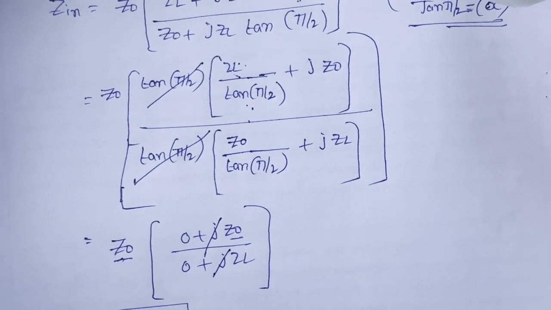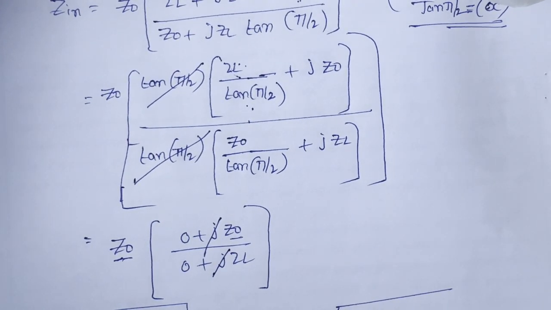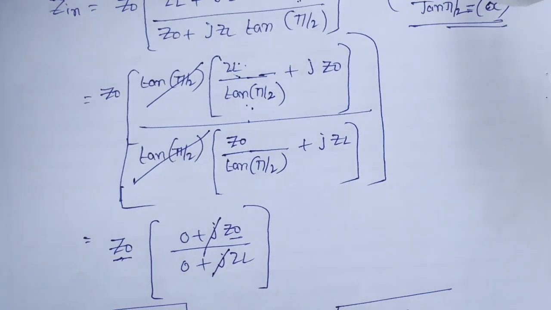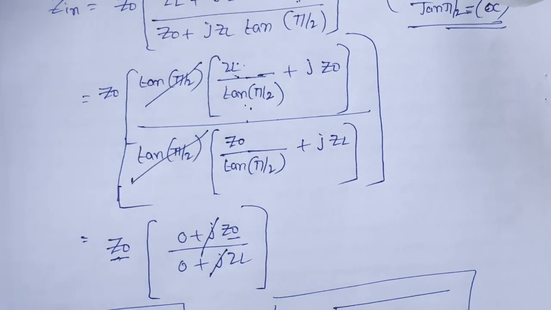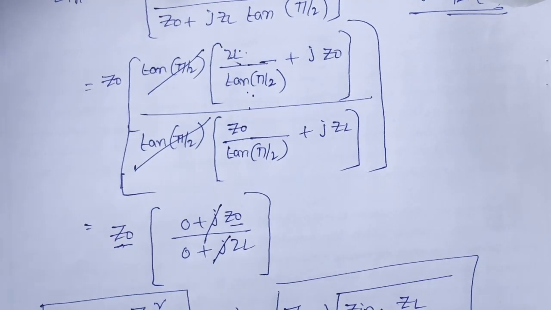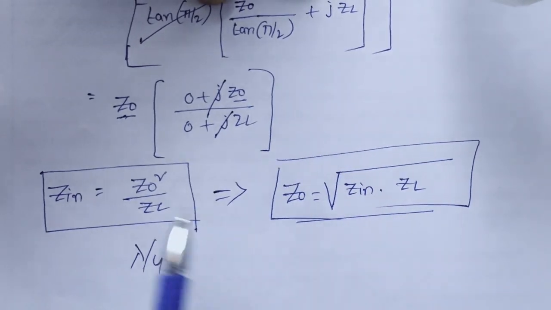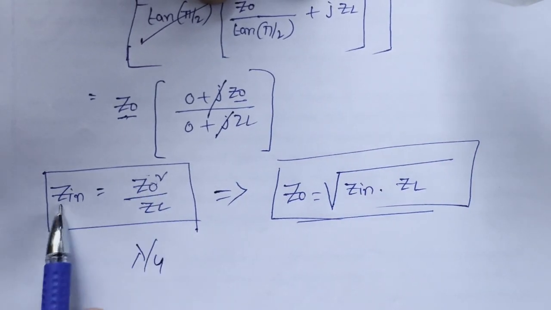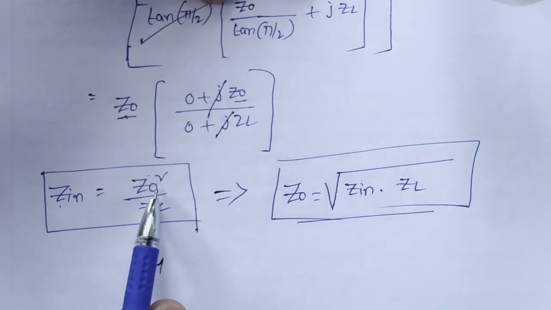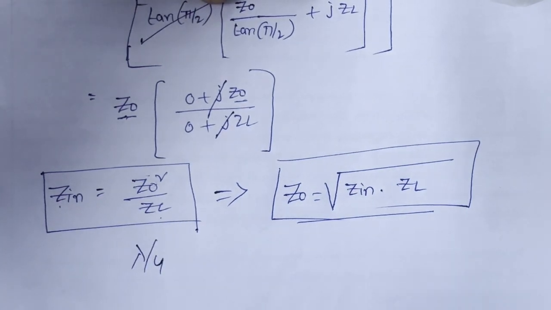This can also be written as Z0 equal to square root of Zin into ZL. By writing this square to this side, it will become like this.